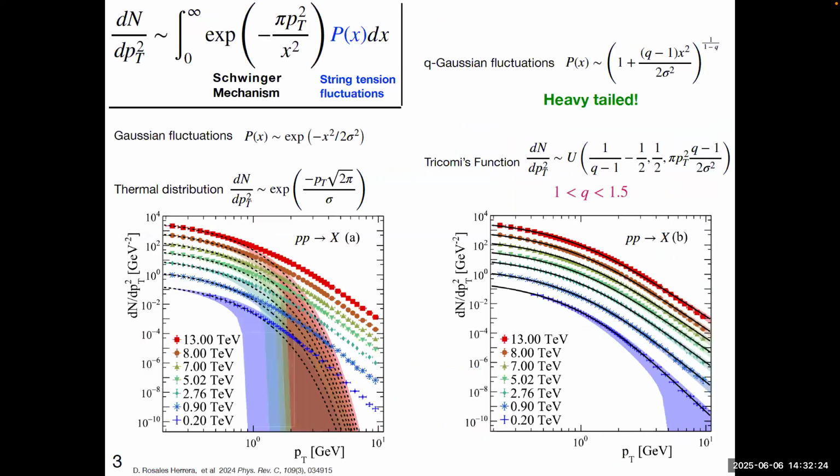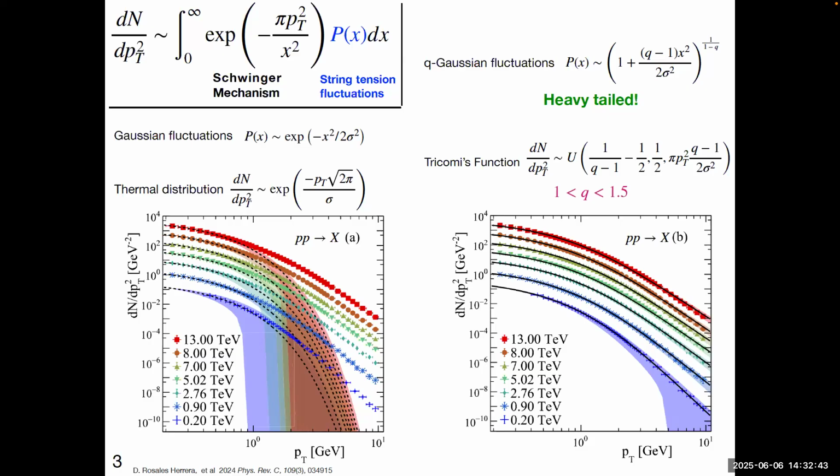In the literature, it is usual to find the string tension fluctuations considered as a Gaussian distribution. When we convolve the Gaussian string tension fluctuations with the Schwinger mechanism, we obtain a thermal distribution to describe the PT spectrum.